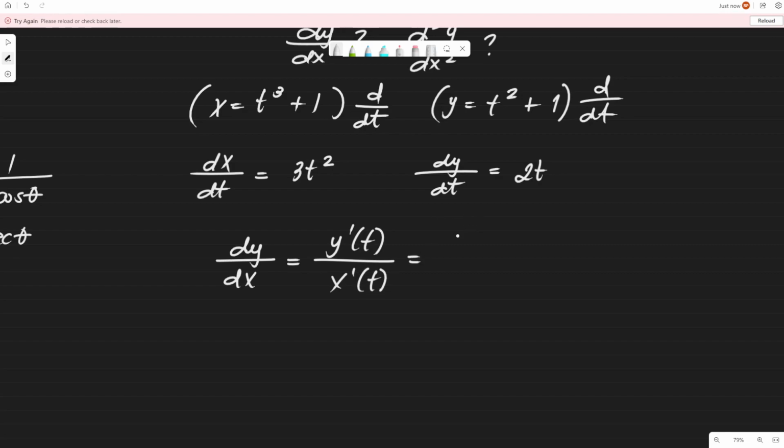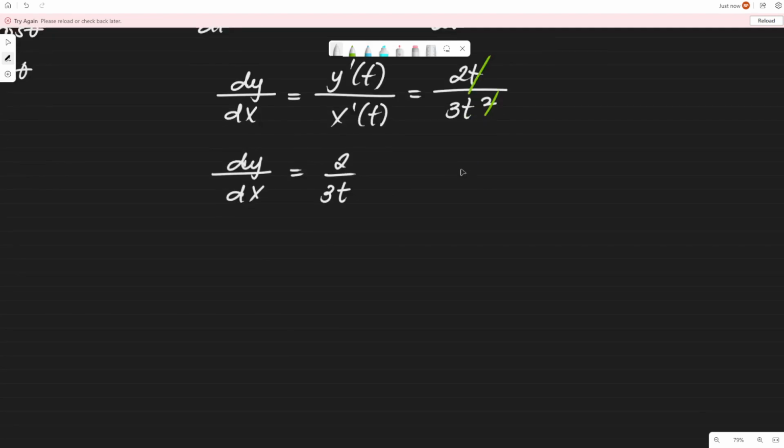So we have 2t over 3t squared. So, cancel. So dy over dx is simply 2 over 3t. This is dy over dx.